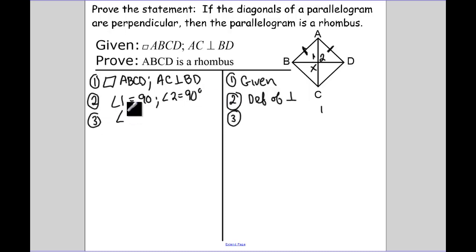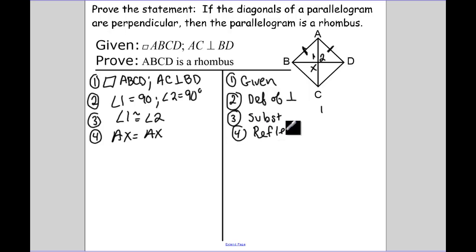So then I know angle 1 is congruent to angle 2 by substitution. I know AX is equal to itself. That's reflexive. Okay, fifth step now.